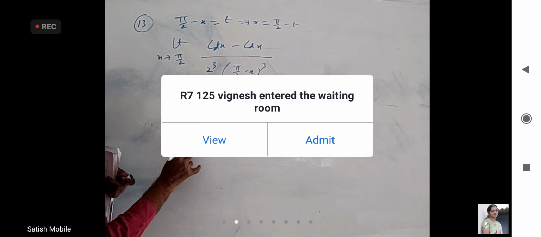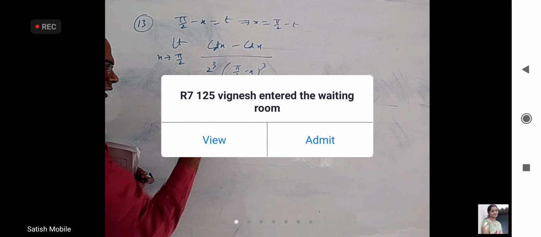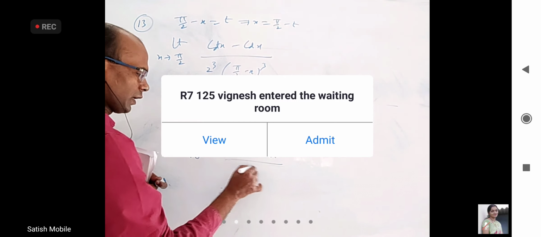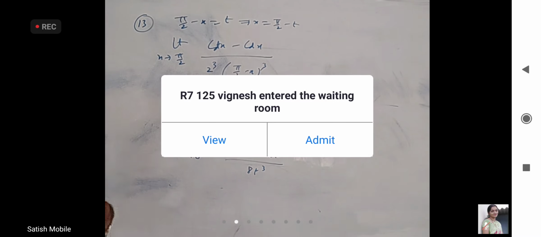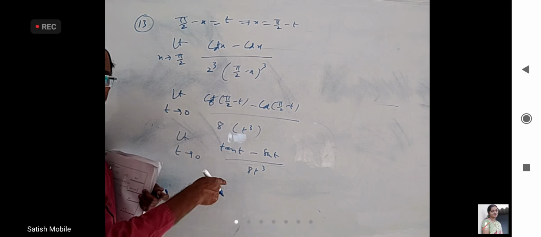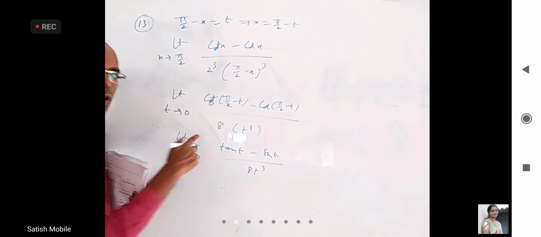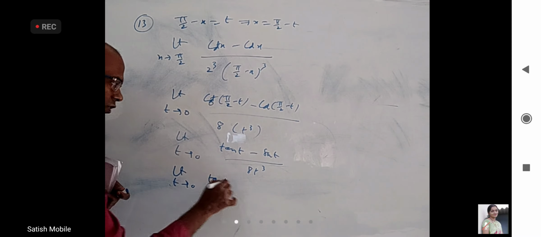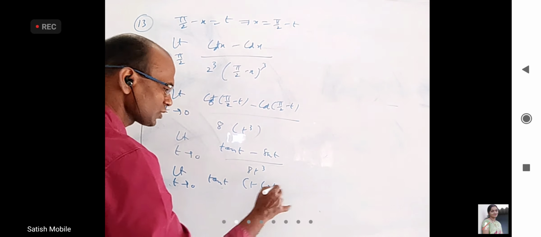Okay, limit t tends to 0. Cot(90 minus t) is tan t. This is sin t by 8 t cube. Now, if this itself is a question sometimes, you take tan t common, it is easy. Limit t tends to 0, if you take tan t common, you will get 1 minus cos t.